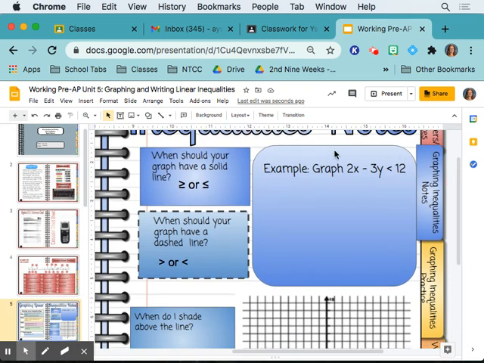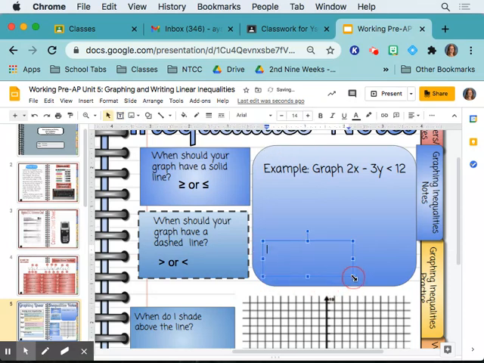Okay, we're asked to graph this. Is it going to be a solid or dashed line? Let's go ahead and put a little mark out here that says dashed. We don't know if it's above or below yet because you can only tell whenever it's already written in y equals form, or y is less than or y is greater than form.